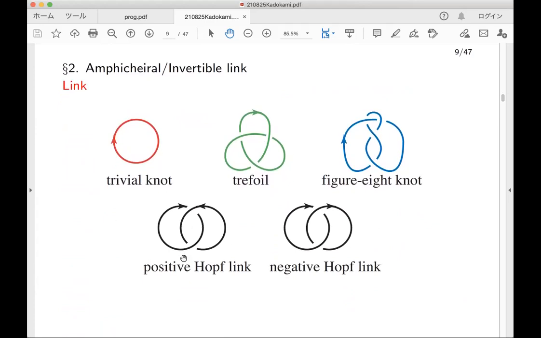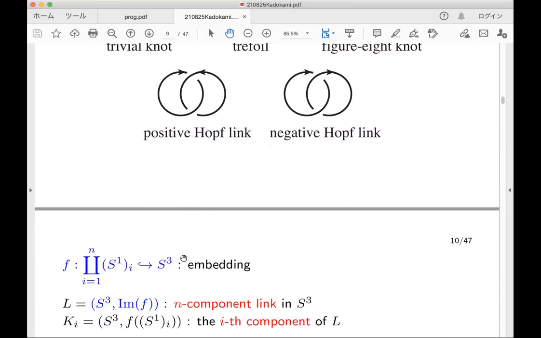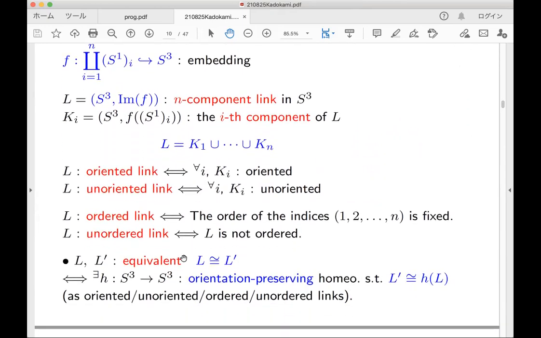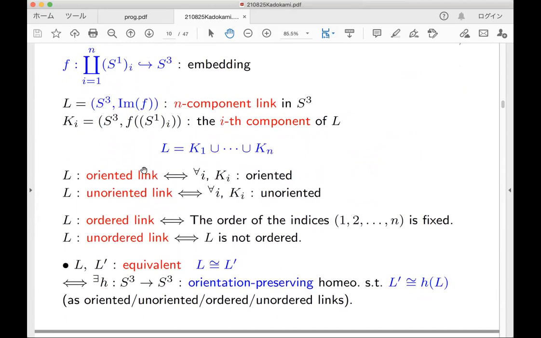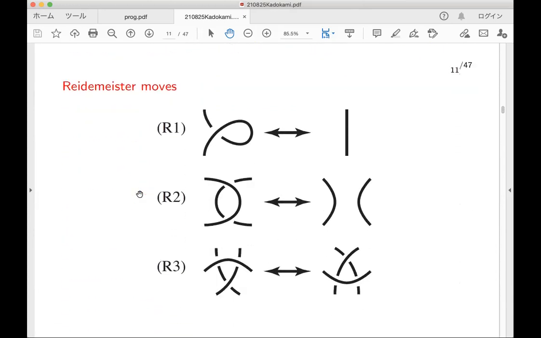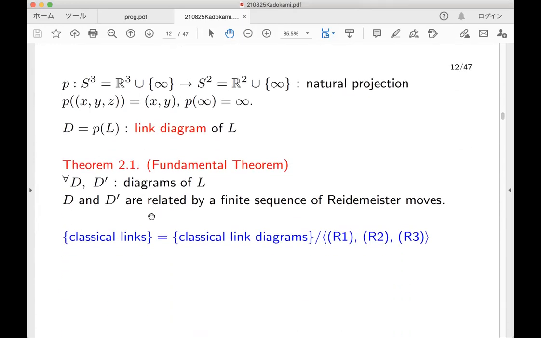We define a scalar link and invertible link. It's an elementary part, so I'll skip explaining it. Anyway, we like to confirm some terminologies, Reidemeister moves and the fundamental theorem.